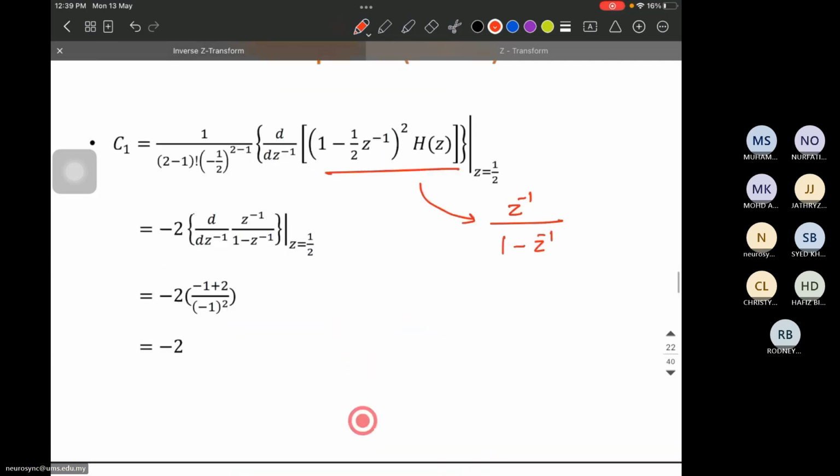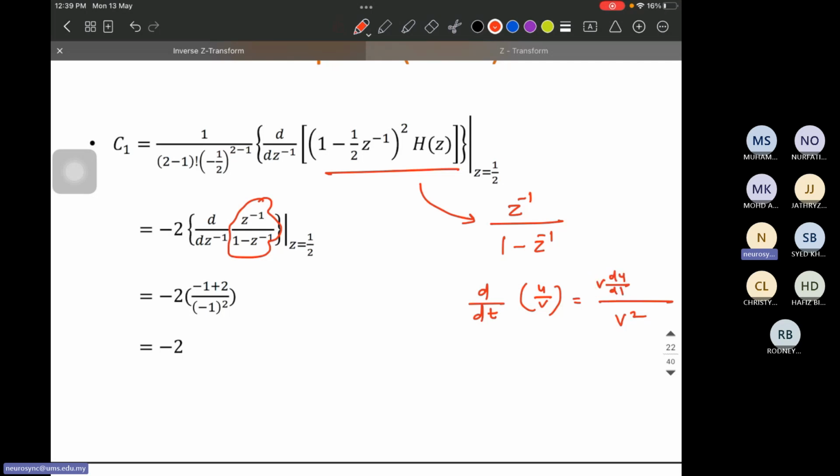So for z inverse divided by 1 minus z inverse, if you do the derivative with respect to z inverse, we will apply the rule d by dt of u by v, which is v into du by dt minus u into dv by dt, divided by v square.